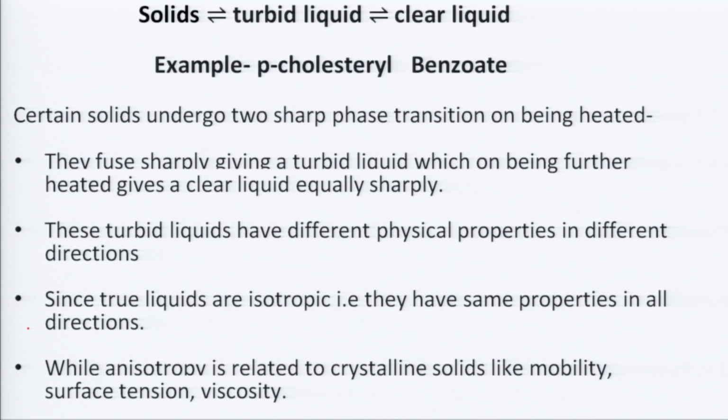Now, for instance, for para-cholesterol benzoate, at normal temperature it is solid. If we start heating it up, at about 145 degrees Celsius, it changes into a turbid liquid which we call a liquid crystal, and this temperature is known as the transition point of this particular solid.